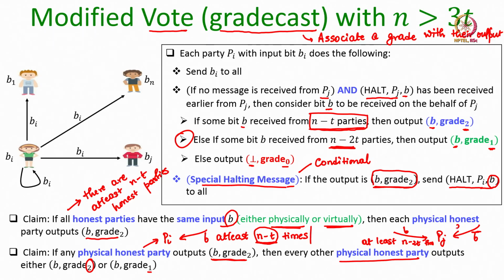So, overall 2t copies of b prime could come to Pj, but 2t is strictly less than n minus t. So, that means this first if statement is not going to be true for Pj. So, the second statement is definitely going to be true for Pj. So, it is bound to give at least the output b with grade 1, but it could be possible that Pj receives n minus t copies of b, in which case it would output b with grade 2.